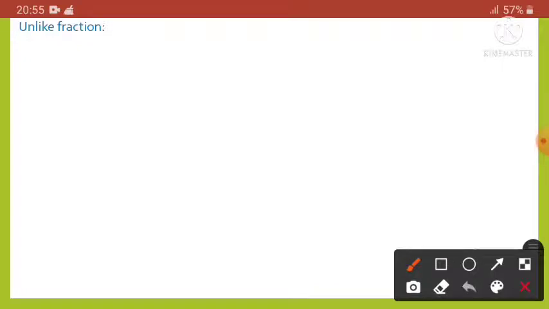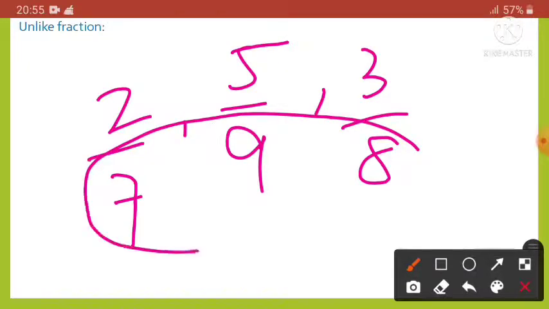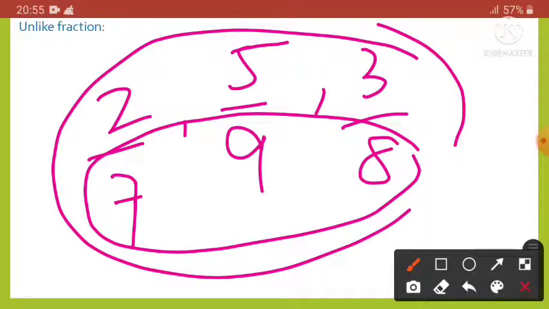The fractions having different denominators, suppose 2/7, 5/9, 3/8. If you look at all these fractions, you can see that all the denominators are different, not the same. Then these fractions are known as unlike fractions.